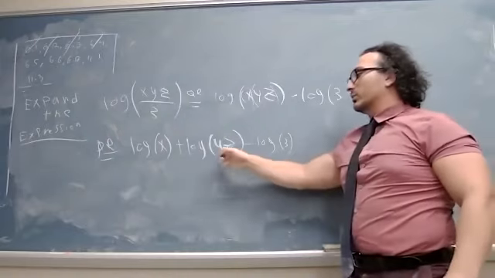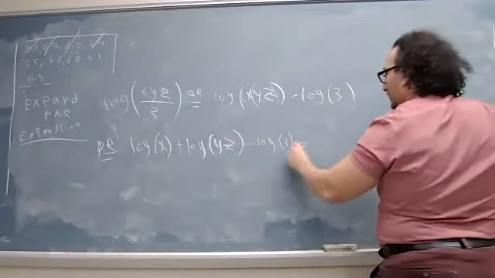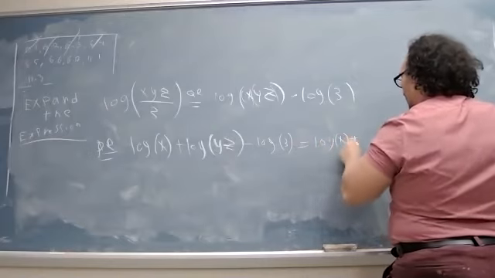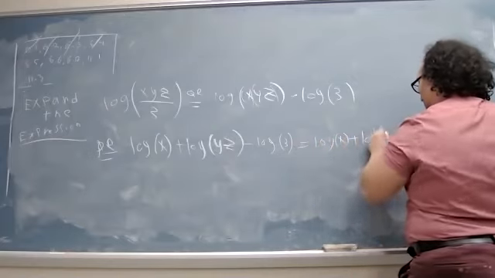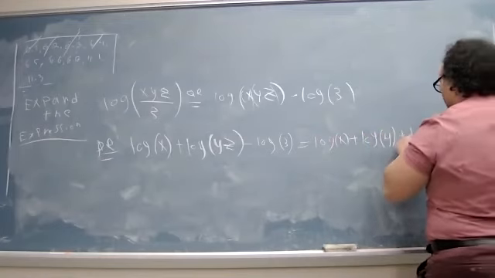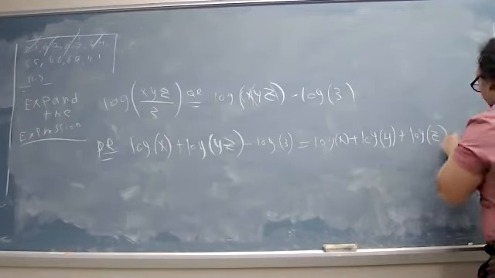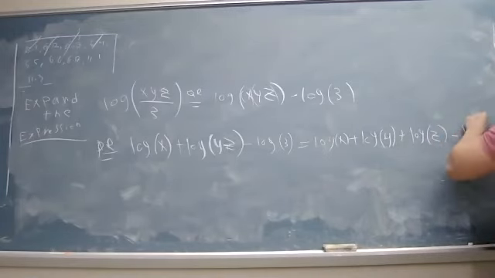Then using the product rule here, we get this is fully expanded to be the log of x plus the log of y plus the log of z minus the log of 3.